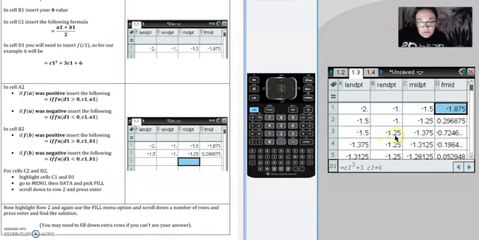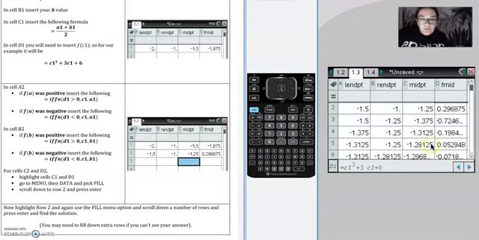That's negative 1.3, not the same. Row 4, negative 1.4, this would be negative 1.3, not the same. So we would have to move on. Here we go. We've got negative 1.3. This would round to negative 1.3, and so would this one, negative 1.3. So negative 1.3 is the answer, correct to 1 decimal place.